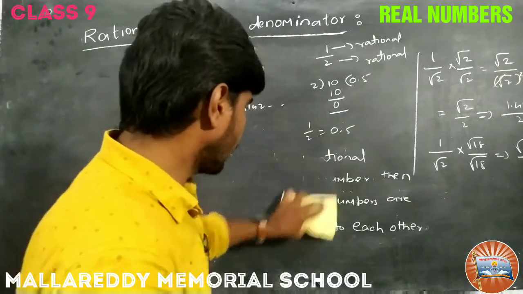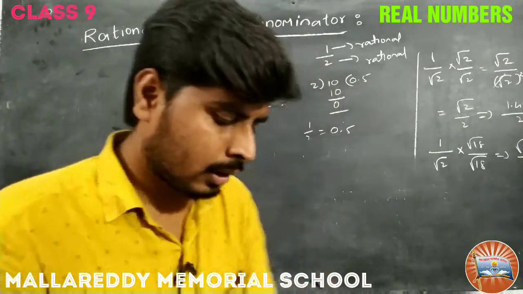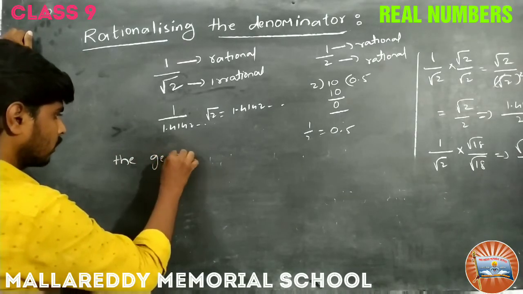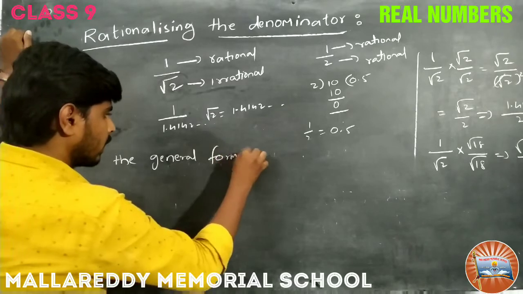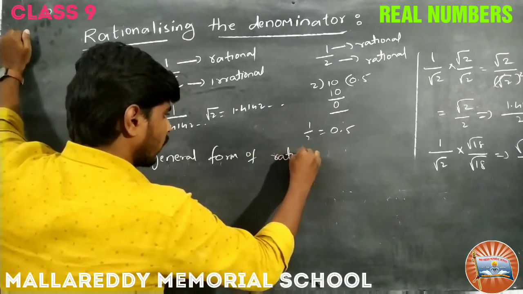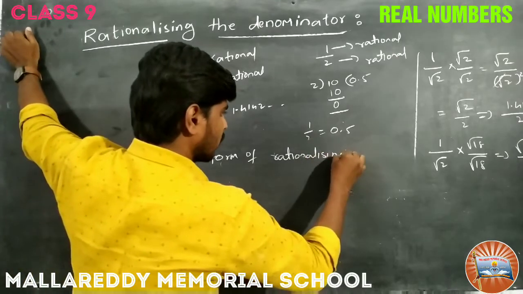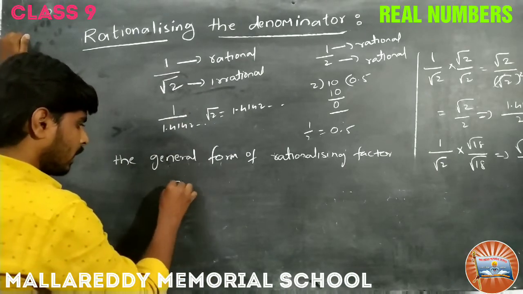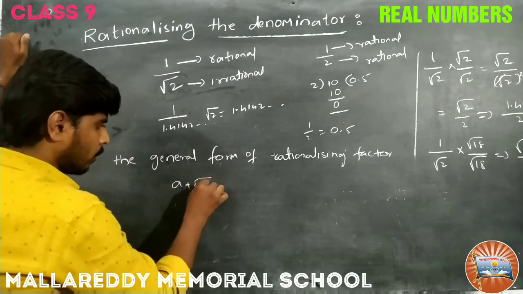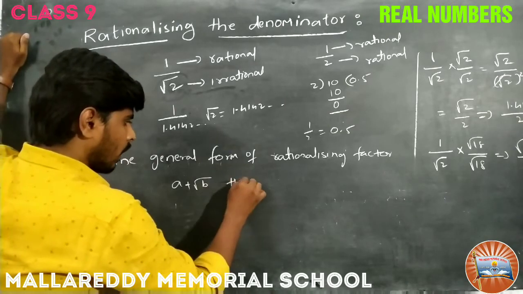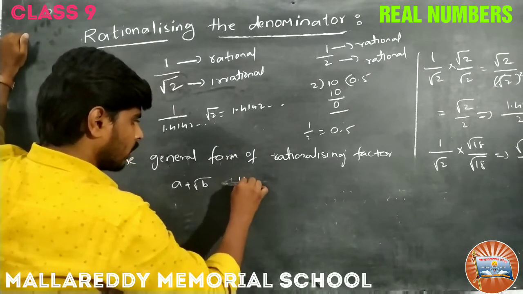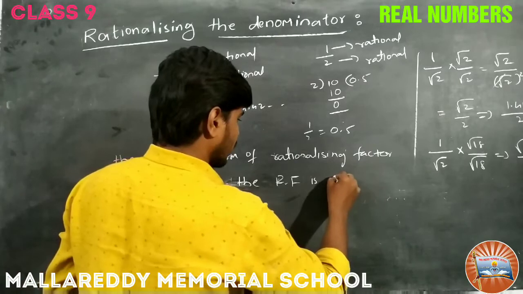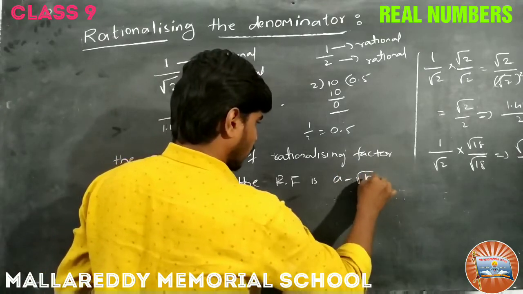Generally, the general form of the rationalizing factor: suppose the number is a plus root b, the RF, meaning rationalizing factor, is a minus root b.